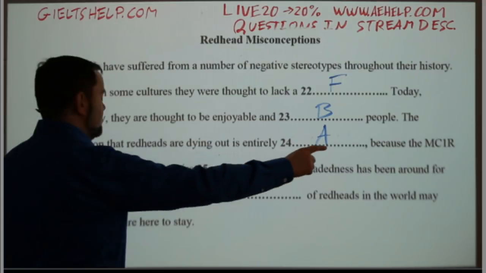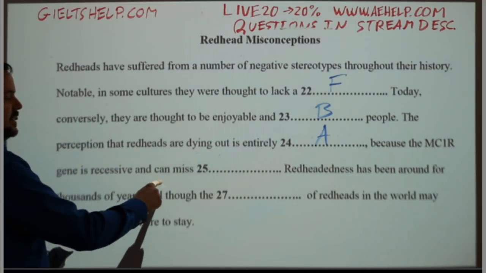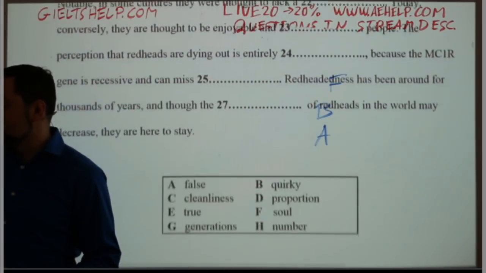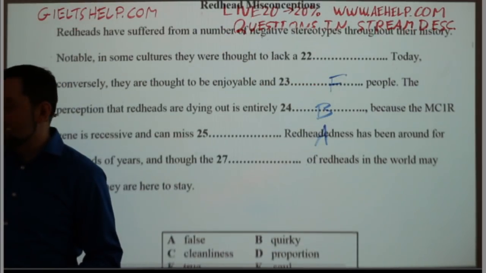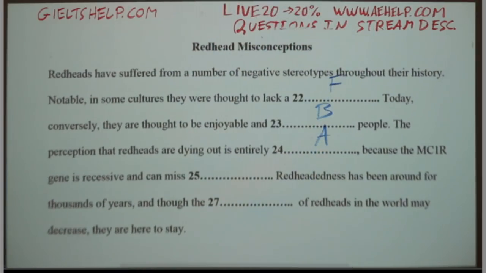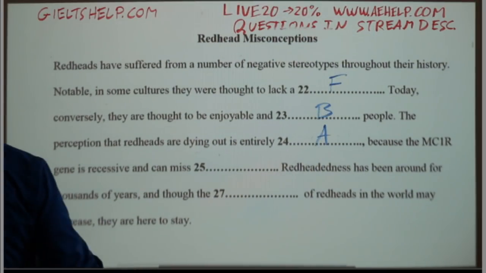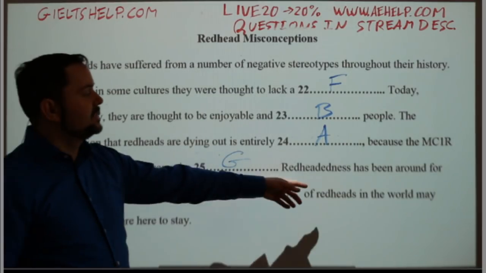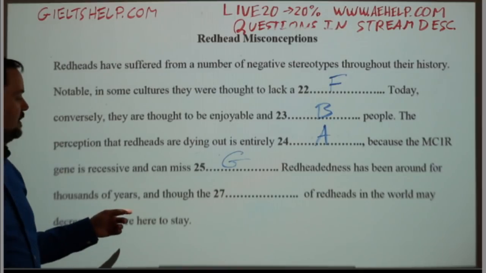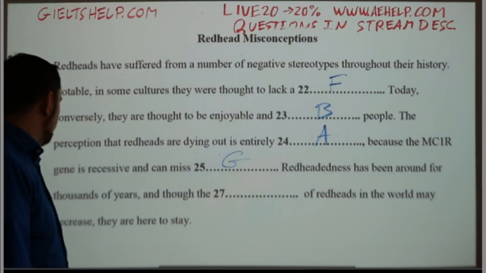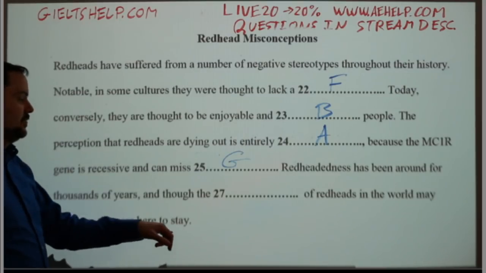Because the MC1R gene is recessive and can miss, what's 25? G, generation. I just said that, yeah. So G, generation. All right. Redheadedness has been around for thousands of years, and though the something of redheadedness in the world may decrease, they are here to stay.